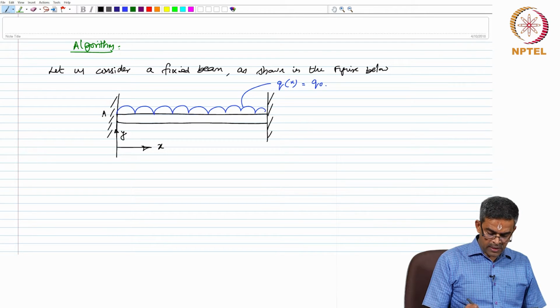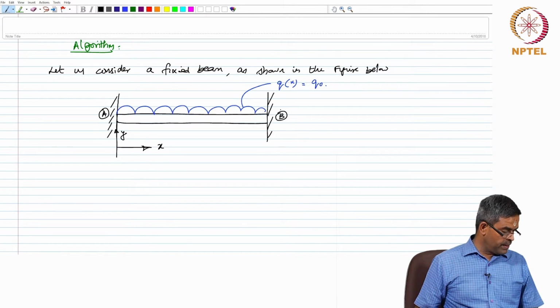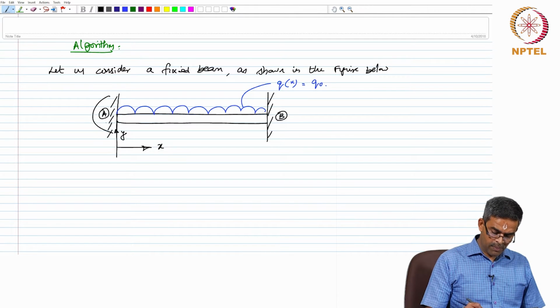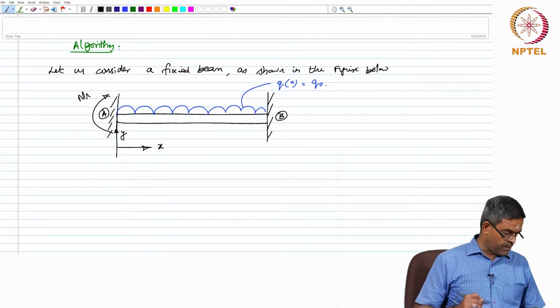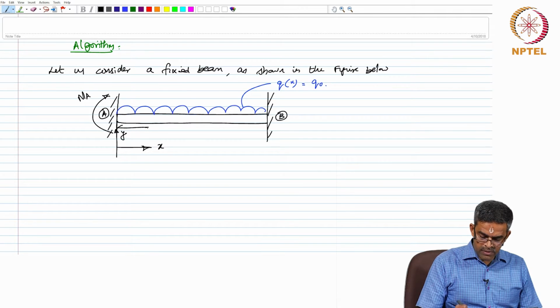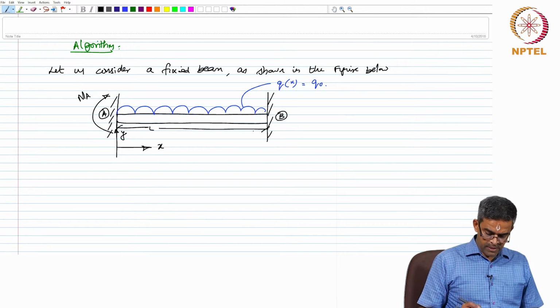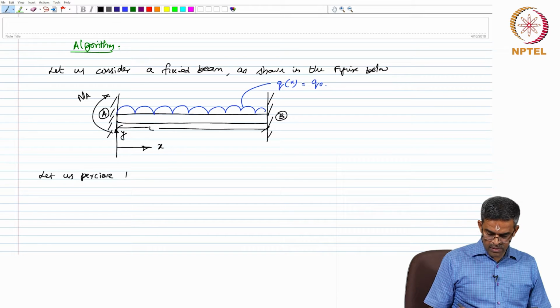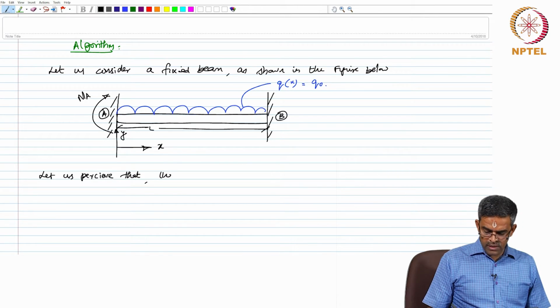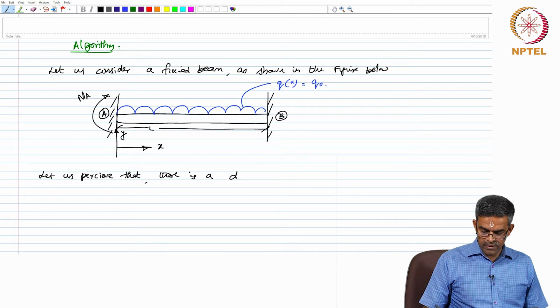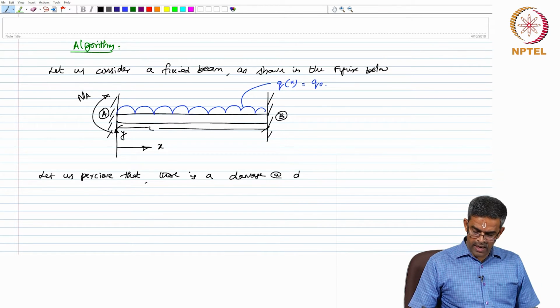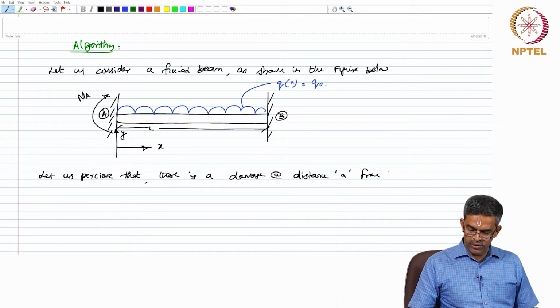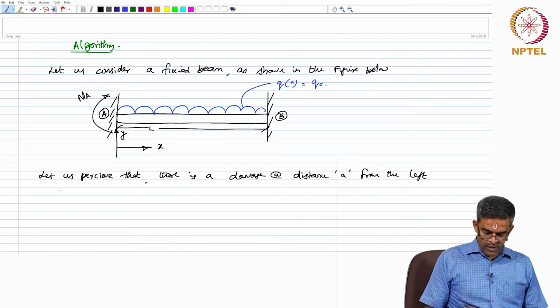Let us call this end as A and this end as B. Let us say we have a moment applied here which is Ma. The length of the member is L, and let us perceive that there is a damage at a distance a from the origin, that is from the left hand support.